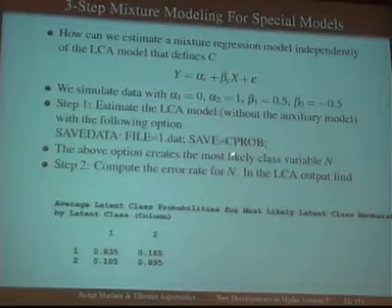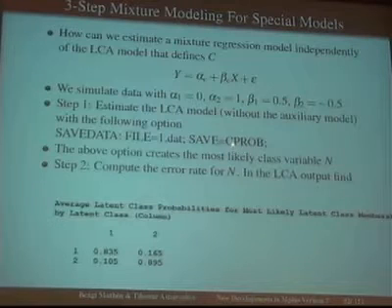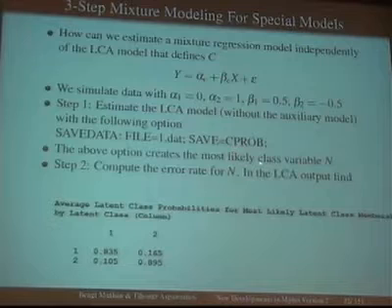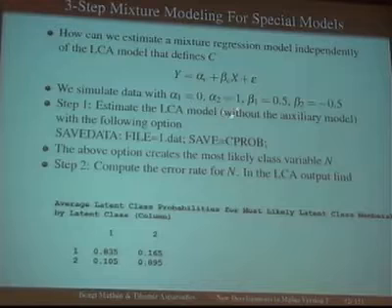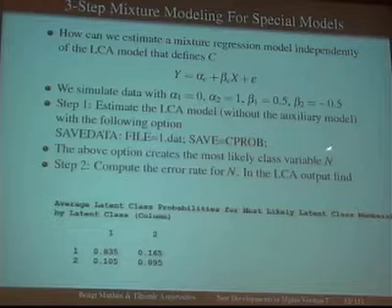For each observation, it tells you the class membership, also in terms of probability, the likelihood for a particular observation to be in each class. But this option gives you something more. It gives you the variable n, which is the most likely class variable.